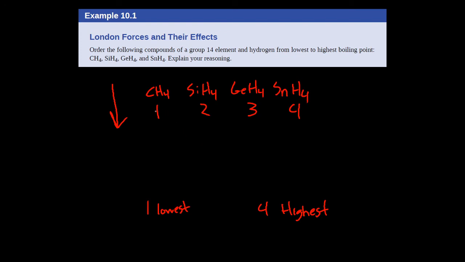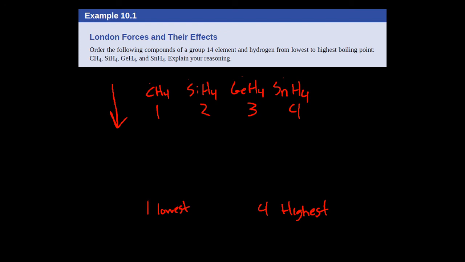Carbon is the smallest, and then as you go down, you get to silicon, germanium, and tin. So the size of these molecules is increasing as we go from carbon to silicon to germanium to tin, getting larger molecules.